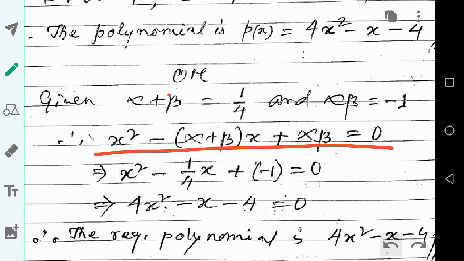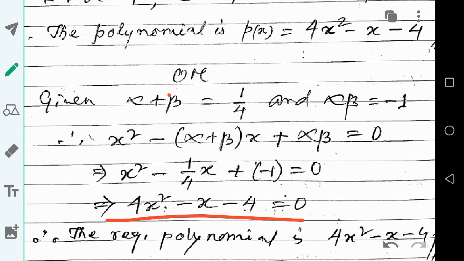Now in order to cancel this 4, what to do? We have to multiply both sides by 4. Doing so we have got 4x square minus x minus 4 is equal to 0. So only this left hand side is the required polynomial. That's how we can solve.